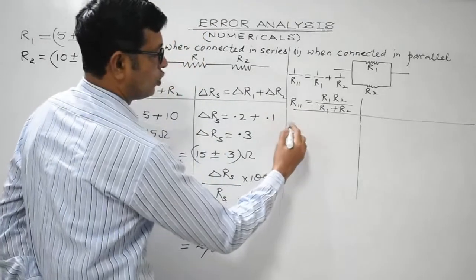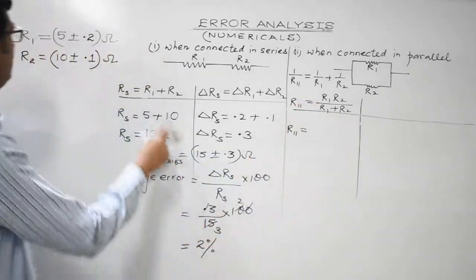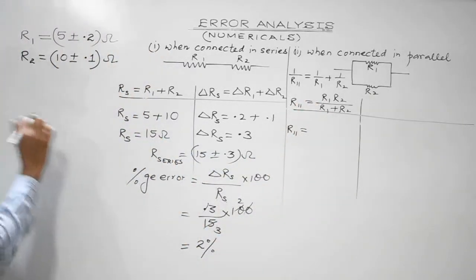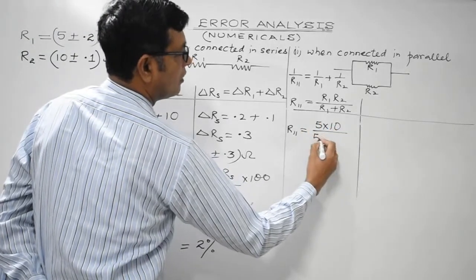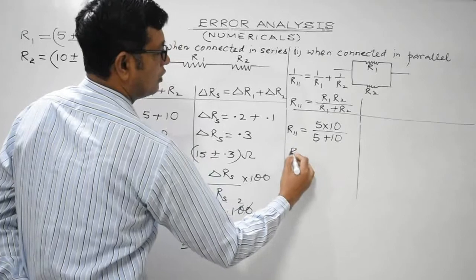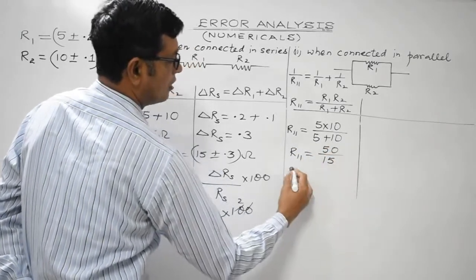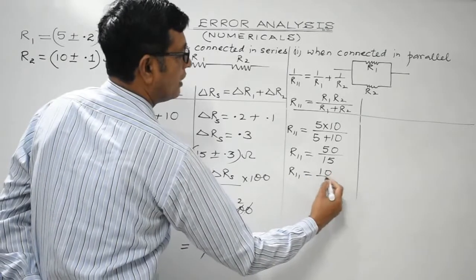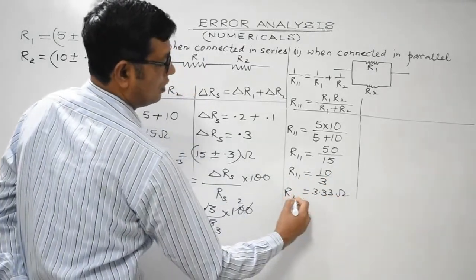So, let's find its true value. What's the true value of R1? It's 5. True value of R2 is 10. So, what do we get? 5 into 10 divided by 5 plus 10. So, it is equal to 50 by 15, or 10 by 3, which is 3.33 ohm.